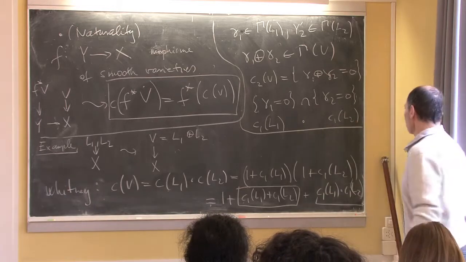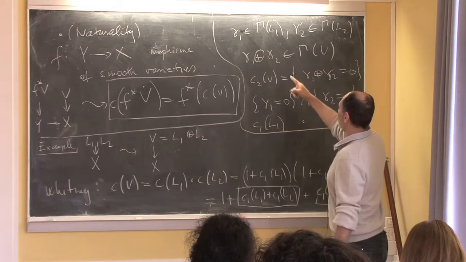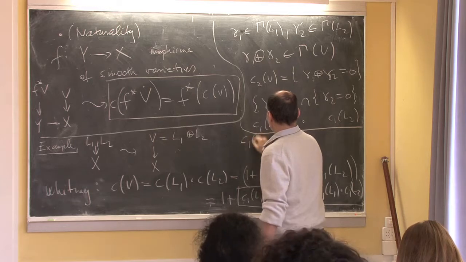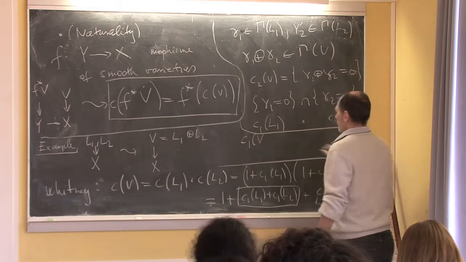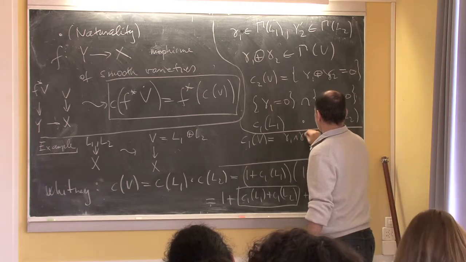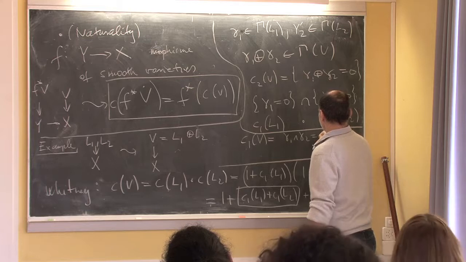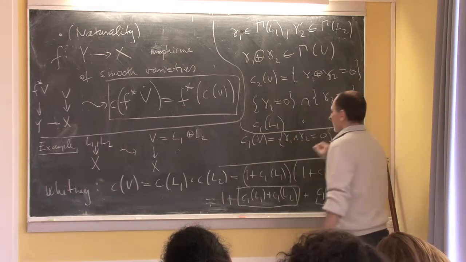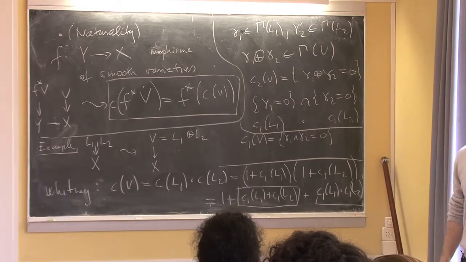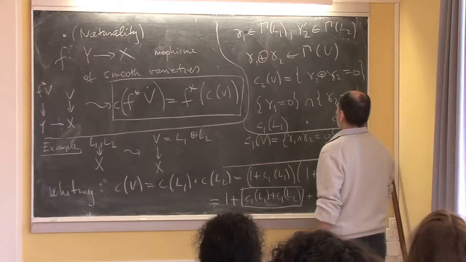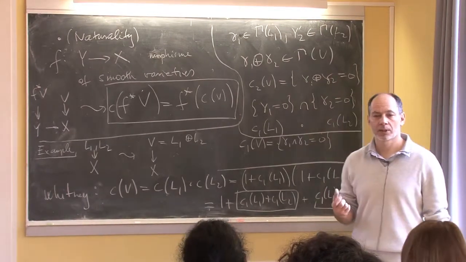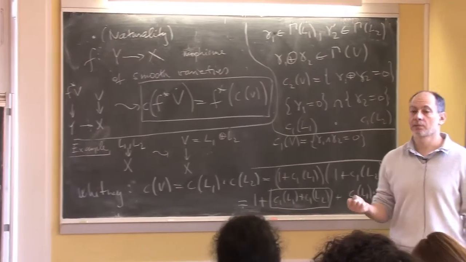Okay, so let's do the other one. There, I need a slightly different thing. So now I do c1 of V. And c1 of V should be where gamma 1 wedge gamma 2 is 0. Right? So what does it mean that gamma 1 wedge gamma 2 is 0 in a direct sum? How could two of these sections be collinear in a direct sum? Only when either of them is 0.